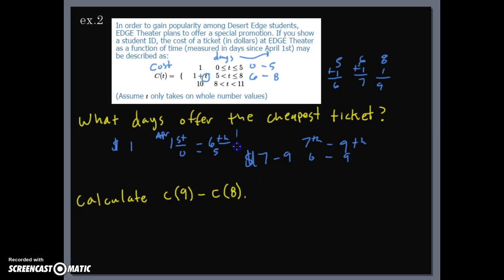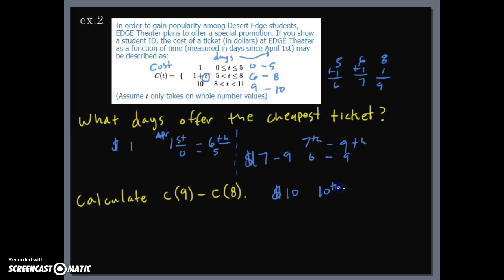And then our last equation is the bottom one, which is $10. And it's from the 9, because 9 is the smallest number we can put in the bottom inequality, all the way to 10 is the largest one. So from 9 to 10, and I should actually put the dates here, right? So from 9 to 10, 9 plus 1 would be the 10th.